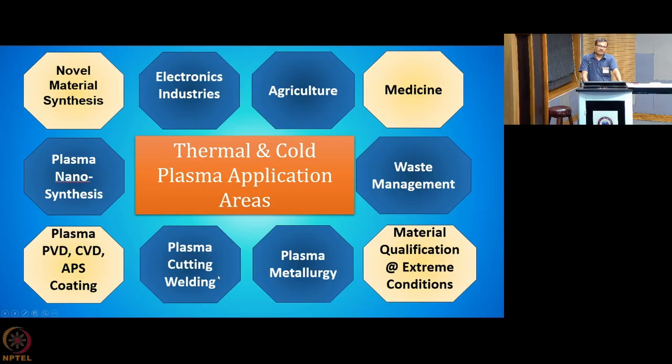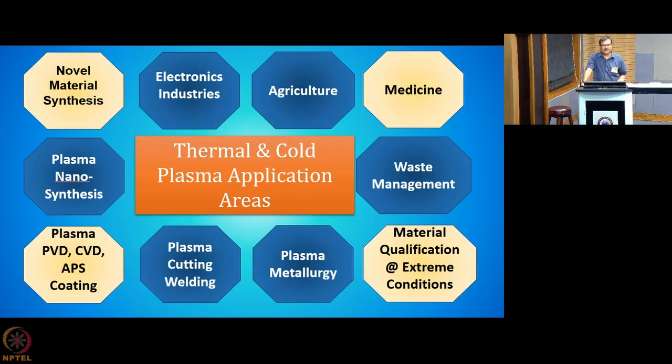Almost all the very thick metal cutting industries are using plasma as a basic tool. They can be programmed using robotics and they can do profile cutting very neatly, in very short time and in a very cost effective manner.